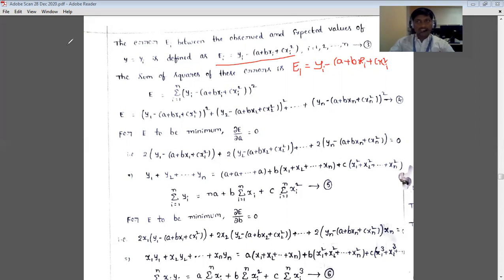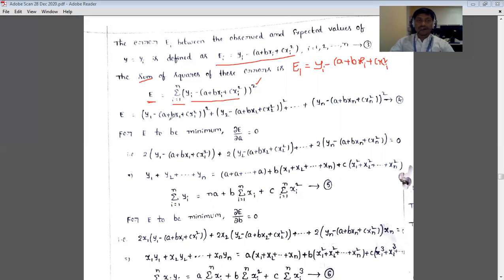It means we need to minimize the errors, and for that we use the method of least squares. So the sum of squares of these errors has to be minimized. We define E as the sum of squares of these errors: summation is the sum and squares means squaring these errors. So the error is yi minus of a plus bxi plus cxi square, whole square.